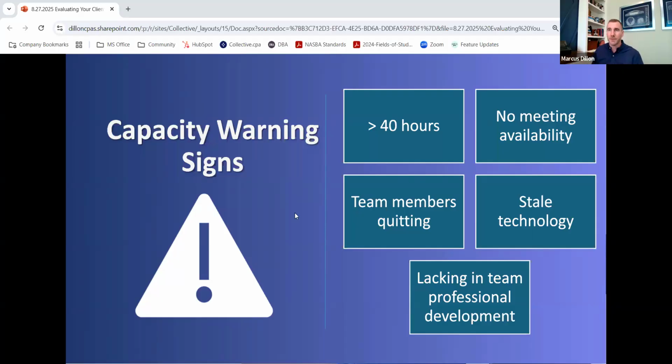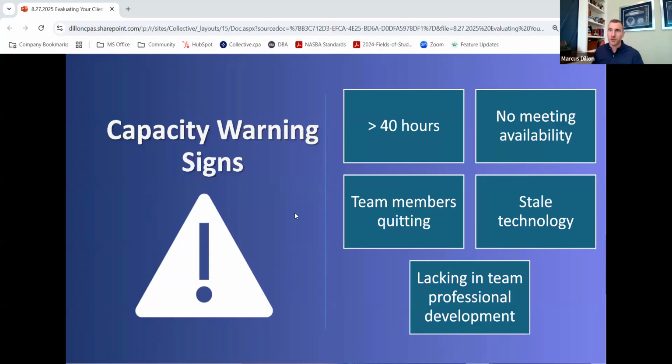So team members quitting, stale technology, you're too busy doing the work to even look at what new options exist. And right now, in the time of AI and improvement in our technologies, that's a very real thing. If you're working on the same tech stack that you did 5, 10, 15, 20 years ago, maybe it's part of a bigger problem where you just don't have the capacity to evaluate that.